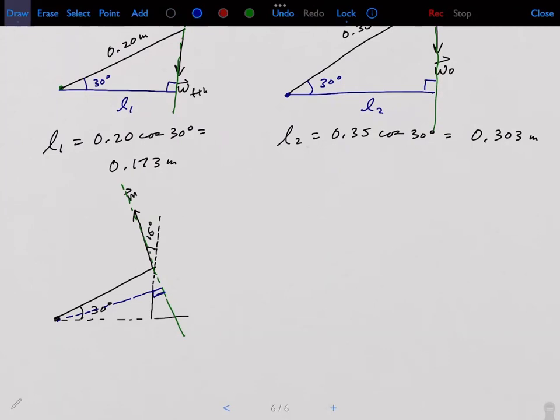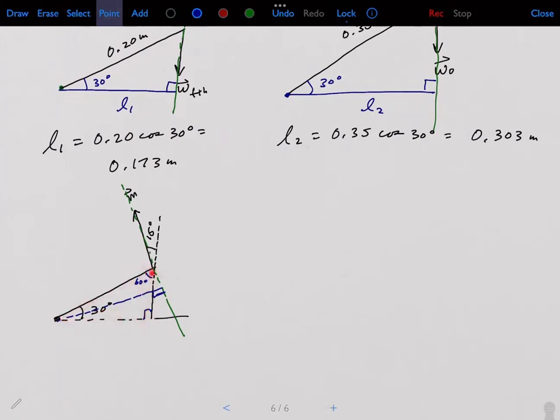Let's see. I guess the way to figure this out is I know this angle right here is 60 degrees, because if this is a right angle, then the angles of a triangle add up to 180, so I have 30 plus 90 plus 60.